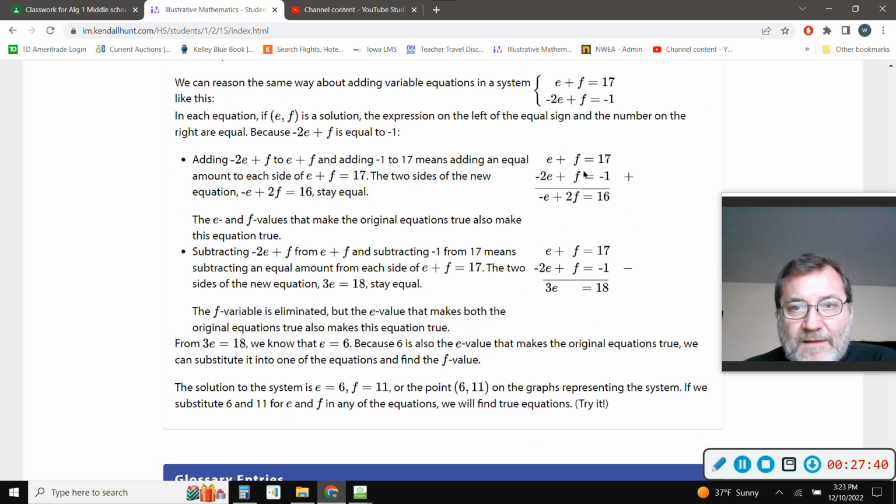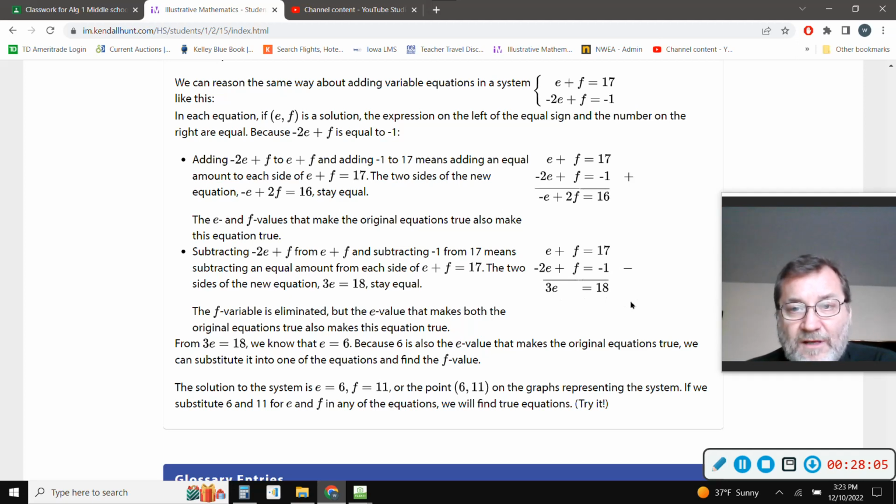If I take these and subtract one from another, 1 minus a negative 2 is the same as 1 plus 2, that's a 3. 1 minus 1 goes away, it's a 0. And 17 minus a negative 1 is the same as 17 plus 1, which is 18.